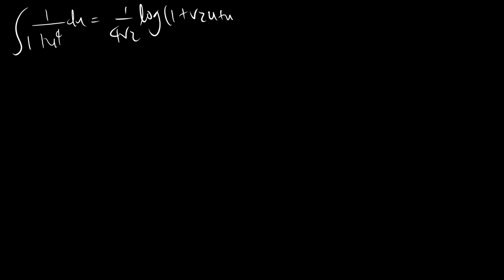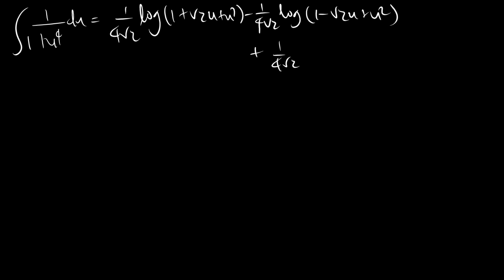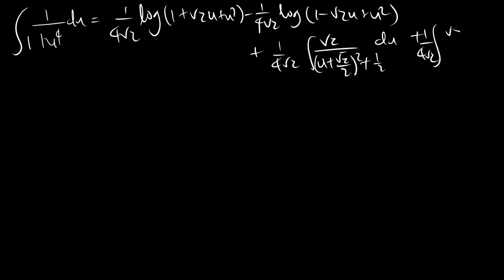So because our integral of 1 over u fourth had come to a quarter log of 1 plus root 2u plus u squared minus a quarter root 2 log of 1 minus root 2u plus u squared, and plus 1 over 4 root 2 times the arctangents of root 2u plus 1 and root 2u minus 1.